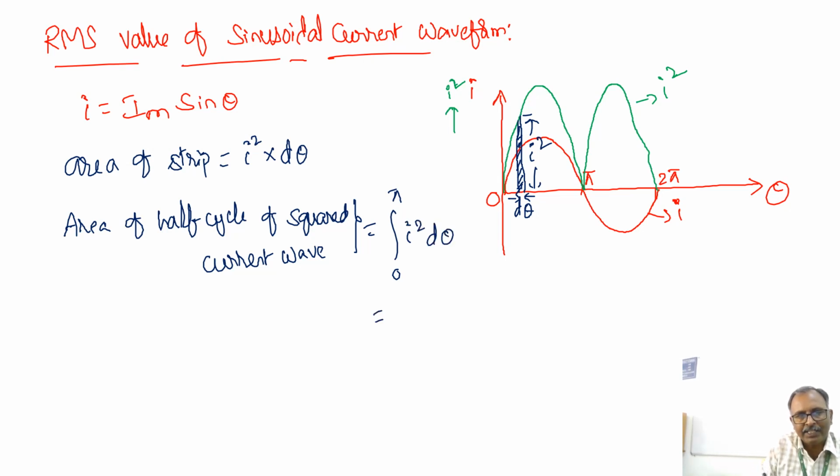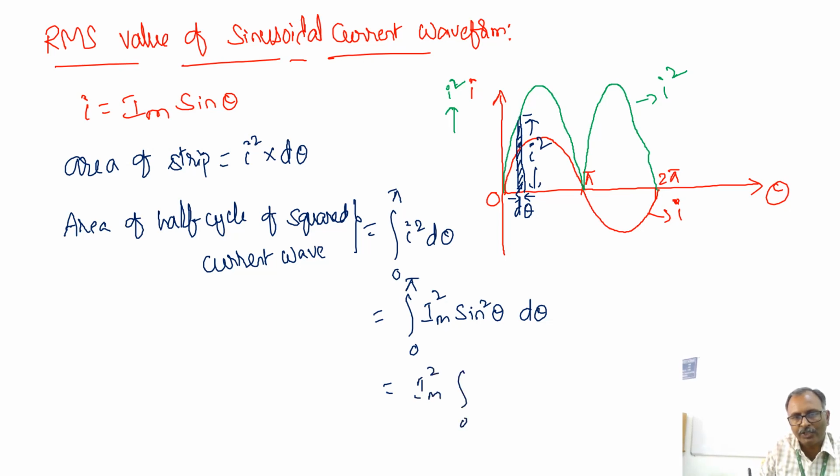So I is Im sin theta. If you substitute the I value here, we are going to get the integral from 0 to pi of Im square sin square theta d theta. As Im is independent of theta, we can write Im square outside the integral: Im square integral 0 to pi sin square theta d theta.